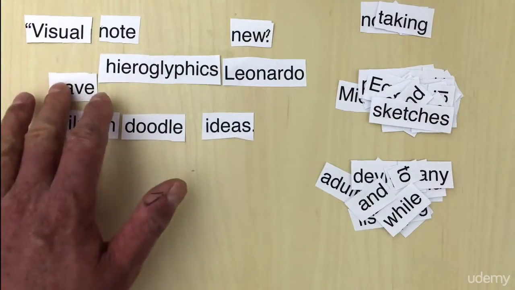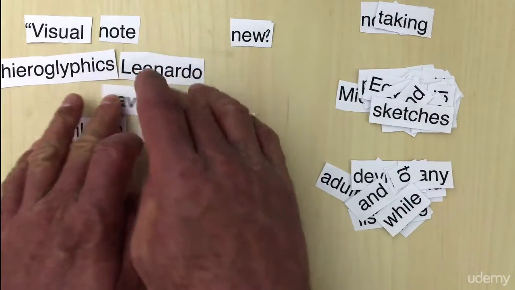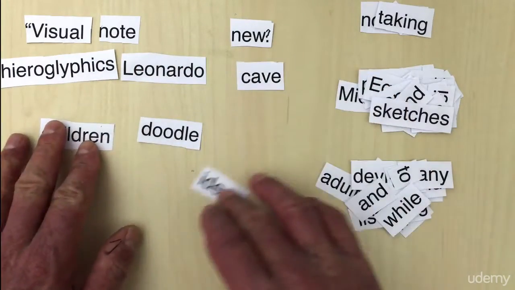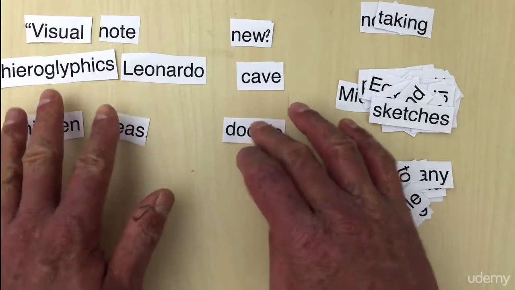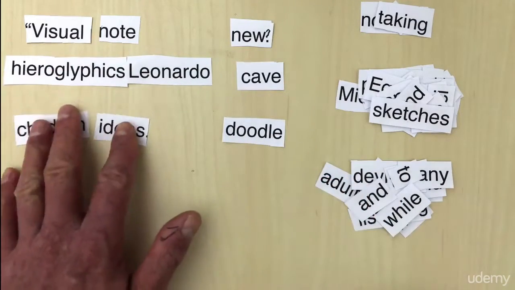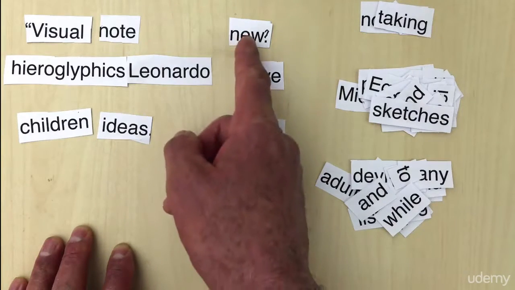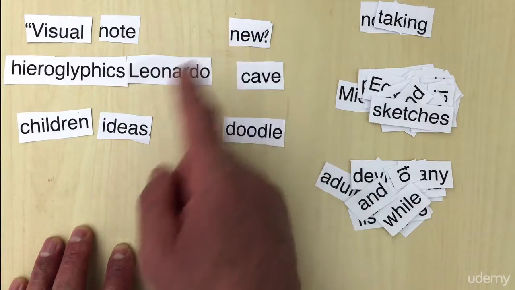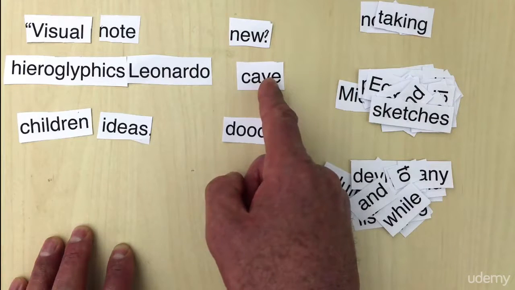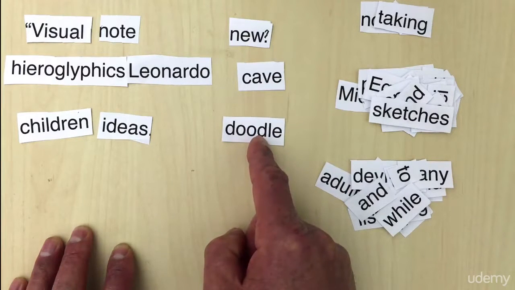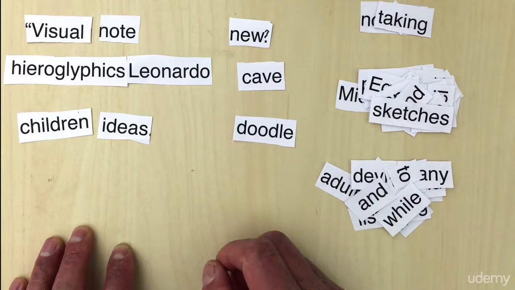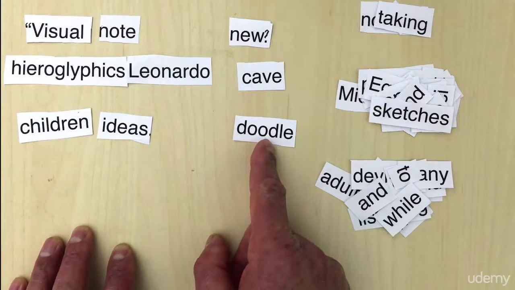I would probably keep cave. And I'd probably doodle. Now why? New, cave, doodle. Is visual note-taking new? No, it's not. It started at the caves and we still doodle. That's why. We don't have to break it down to this level, but you might want to.